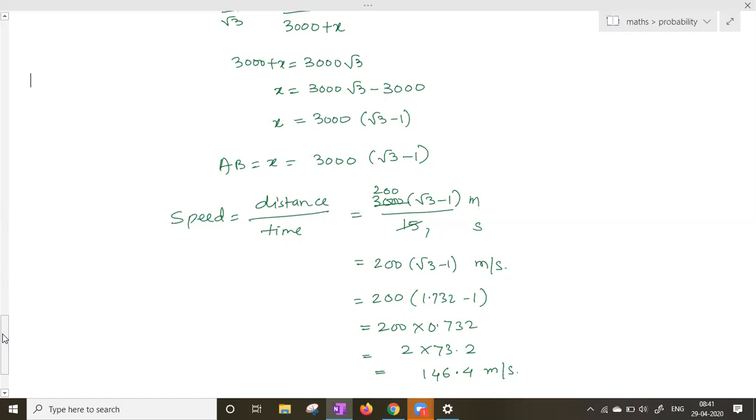Completed? Completed. Then next question, 64th one, the same question. Similar type of question, only the values are different.